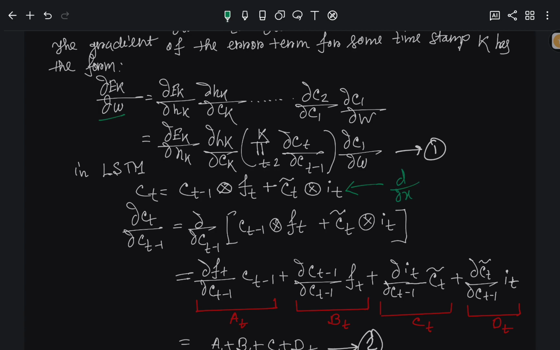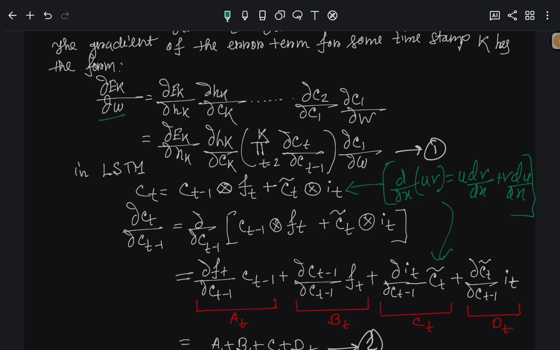If I just take, so it will look like u multiplied by dv by dx plus v du by dx, right? So this is the formula which we will use. So this is the derivative formula of the product term, and that we will use, and we will get this term, right?